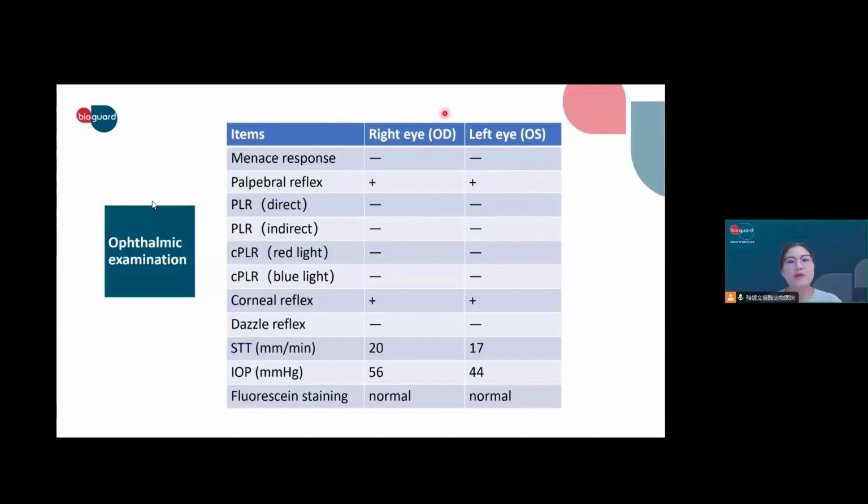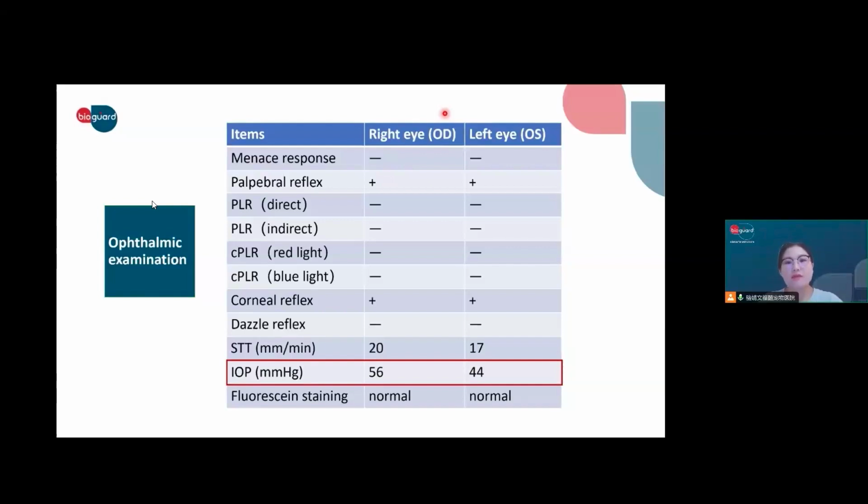The values of the Schirmer tear test in both eyes were normal. However, the values of intraocular pressure in both eyes were abnormal. We have already known that the normal range of intraocular pressure is 10 to 25 millimeters of mercury. So here, the pressure in the left eye was 44, while that in the right eye was 56.